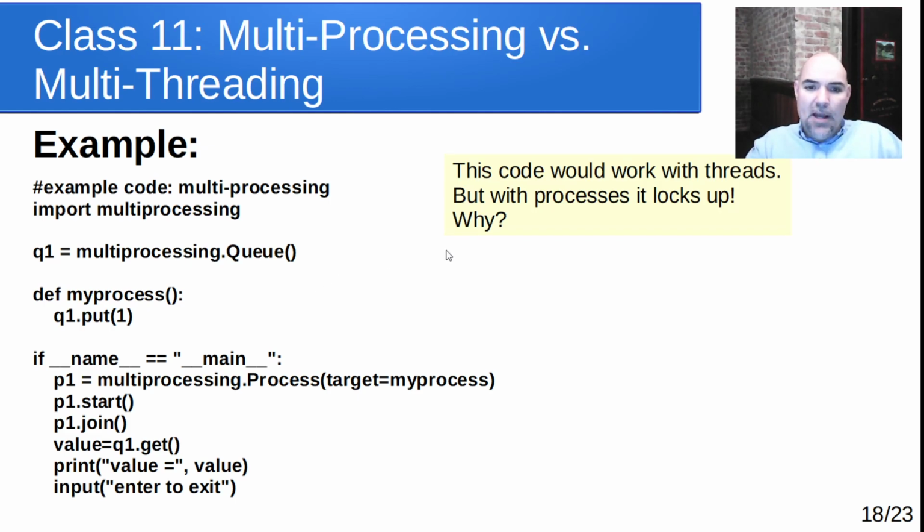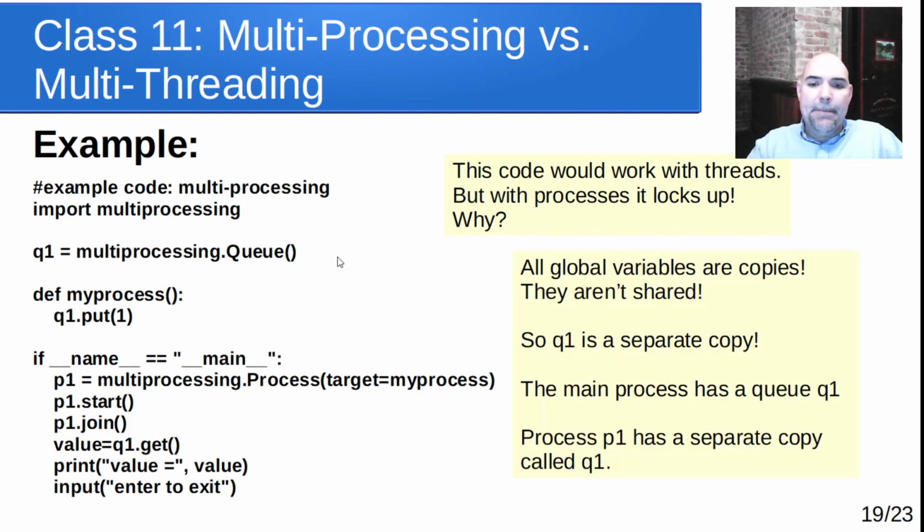It locks up. Why? We already talked about why. We've made a copy of the queue. The stuff gets put in by the subprocess, the child process, and the parent process, the main, tries to take something out, but since it's a copy, nothing ever gets put into the original, only into the copy. So we need to change how we do that.